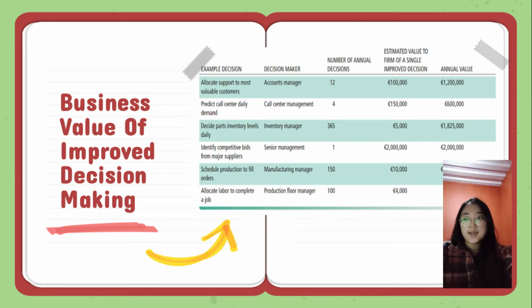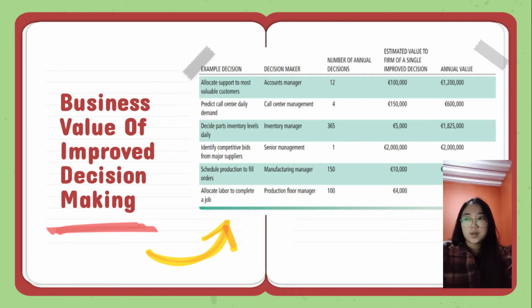Each of these decision makers will make a decision which are, for example, allocate support to most valuable customers, predict call center daily demand, decide parts inventory levels daily, identify competitive bids from major suppliers, schedule production to fill orders, and allocate labor to complete the job.